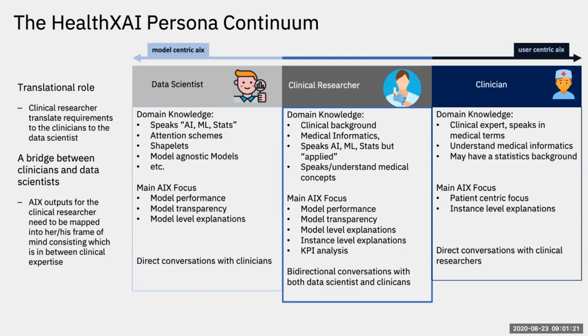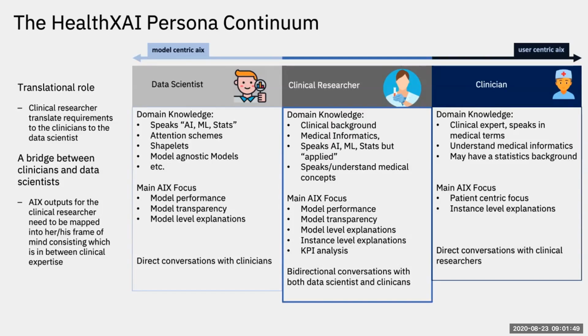Whereas the data scientists, for example, are well versed with AI and ML and stats and are typically more concerned with model performance and model level explanations, a clinical researcher often tries to tie back such model performance and model inference with their clinical background, and tries to correlate that to the vast body of literature in medical informatics.